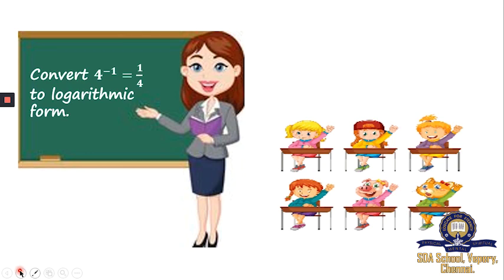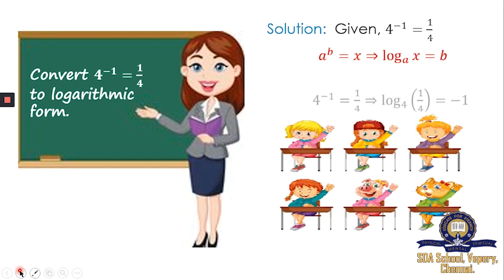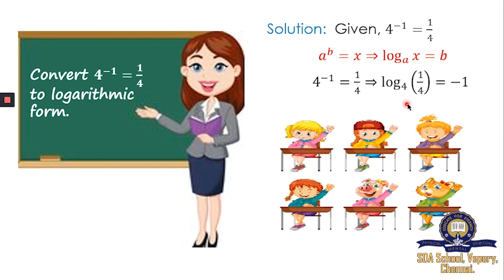So here the given question is in the form of exponential form. We're going to convert into the logarithmic form. Yes. So when you convert the given expression in logarithmic form, we will get log 1 by 4 to the base 4 equals minus 1.